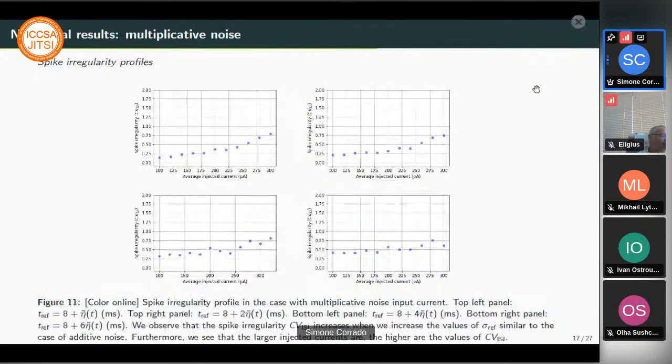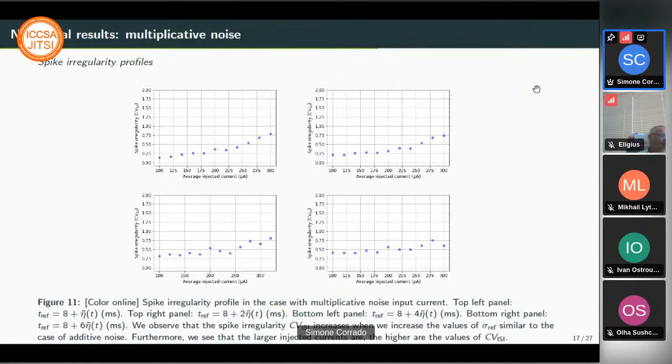Now, this is the final figure in terms of multiplicative noise. What is presented here is actually the spike irregularity profiles. And what you observe is that the spike irregularity coefficient of variation increases with the increase of the stochastic value of the refractory period, which is similar to the additive noise situation.